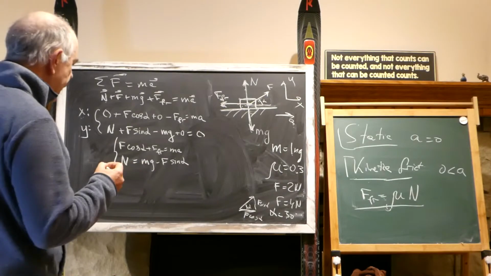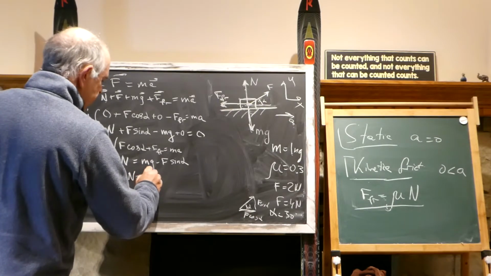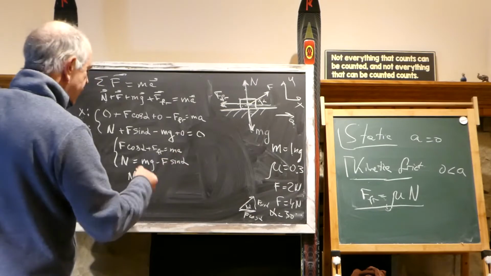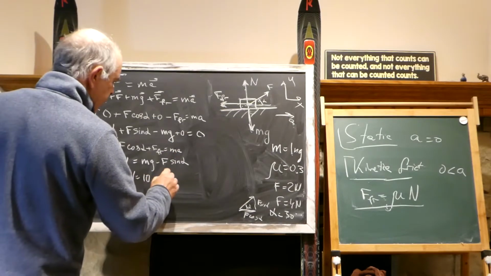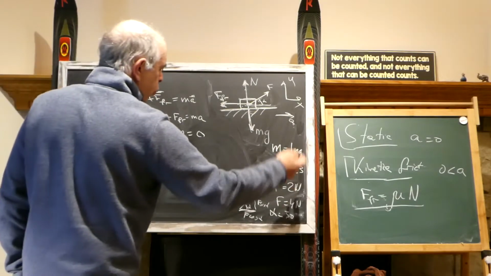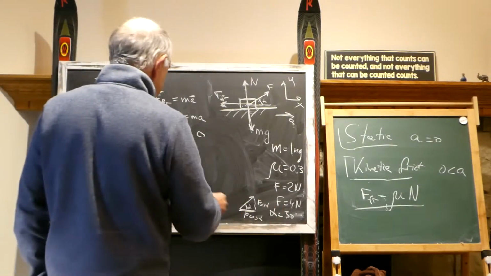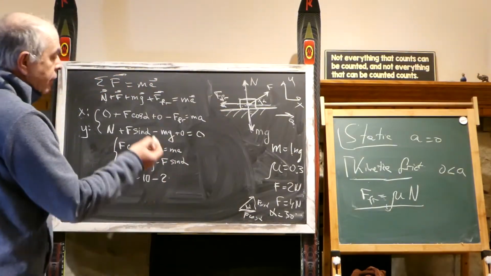So I can find N, and N would be mg, mass is 1 kilogram, g is 9.8, but I write 10, minus F, and let's put 2 for example. It would be 2 times sine 30 degrees, which is 1/2. If you don't know it, learn it.